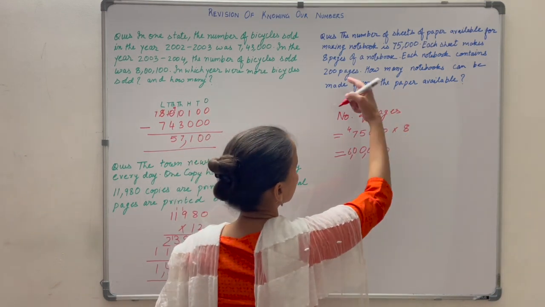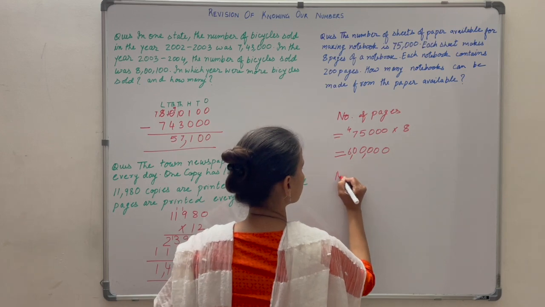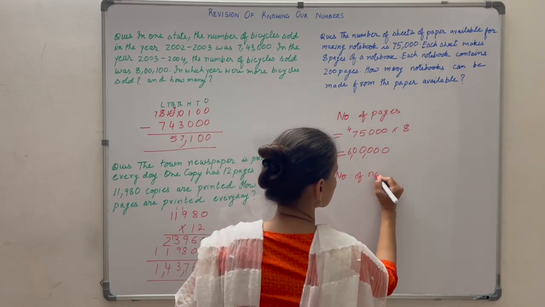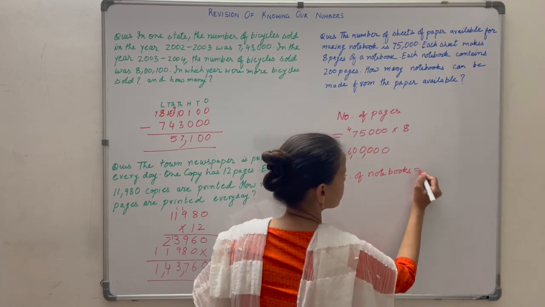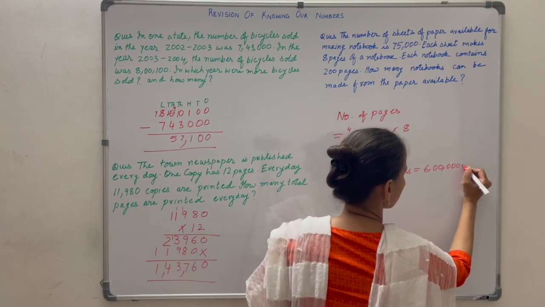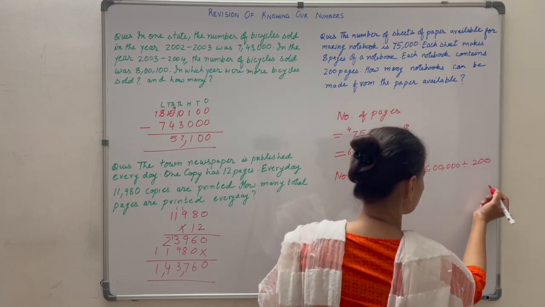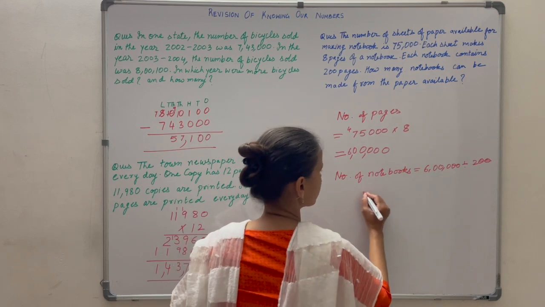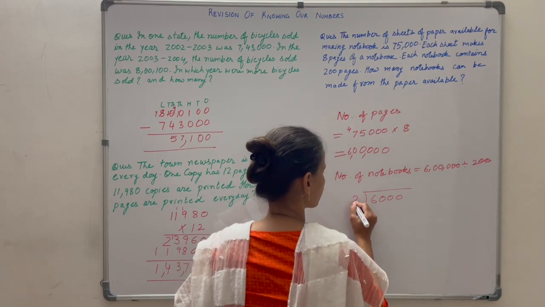Now each notebook contains 200 pages. So how many notebooks can be made? So let us find out the number of notebooks. So what you have to do? You have to divide 6 lakhs by 200. So you can cancel the two zeros and you can divide 6,000 by 2.